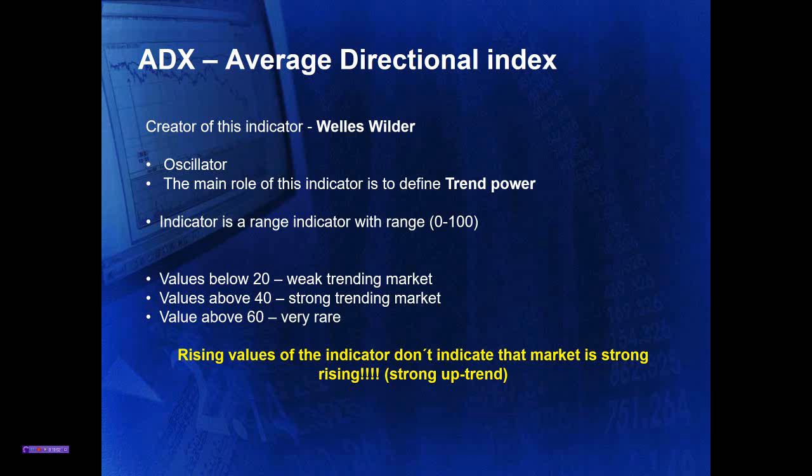So a rising ADX is just telling you that the strength of the trend is increasing, not that the actual trend is rising or an uptrend. And a decline in ADX doesn't mean that it's a downtrend on the market. It's just that the trend on the market is weakening. Even an uptrend can be weakening and the ADX is going down.